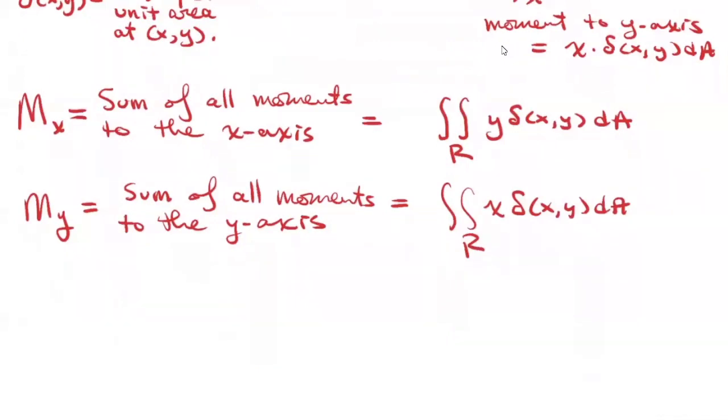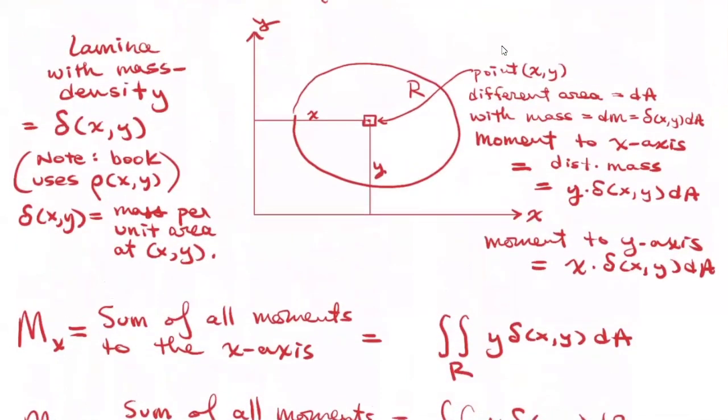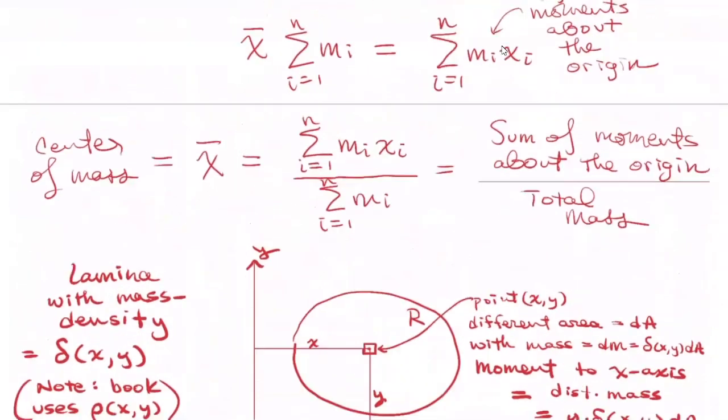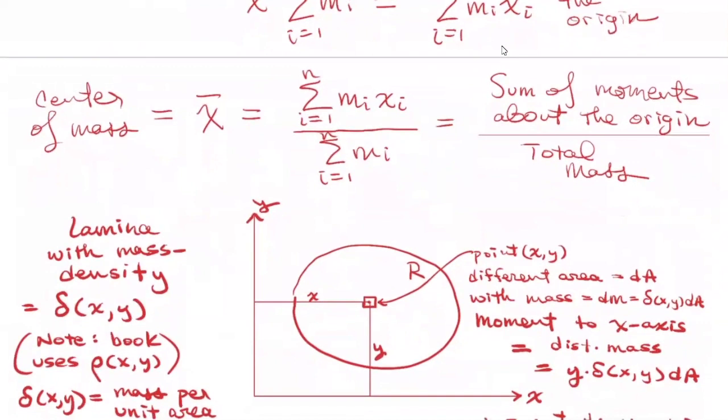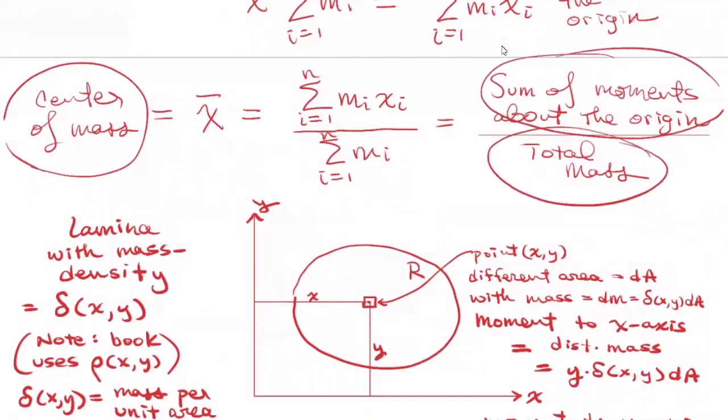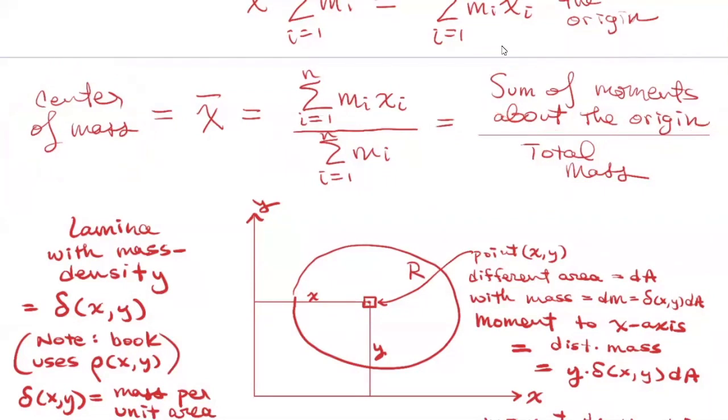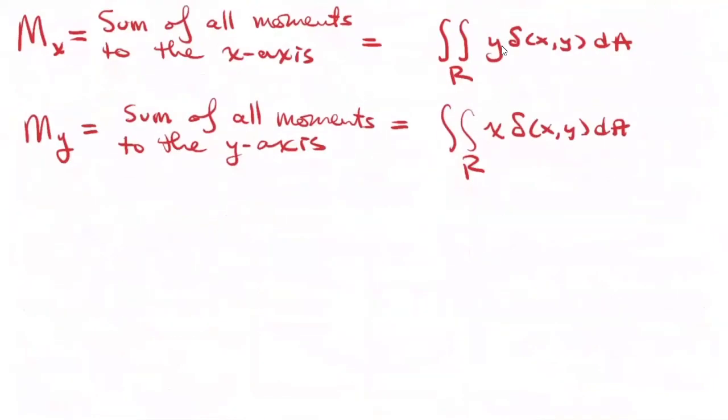And so those are the moments to the two coordinate axes. And then just a reminder, a center of mass is what we're looking for in a two-dimensional lamina. The center of mass has to be the moments to the origin divided by total mass. So we're going to need a formula for the total mass. So let's do that right now.